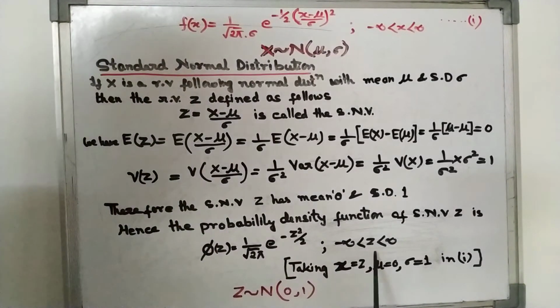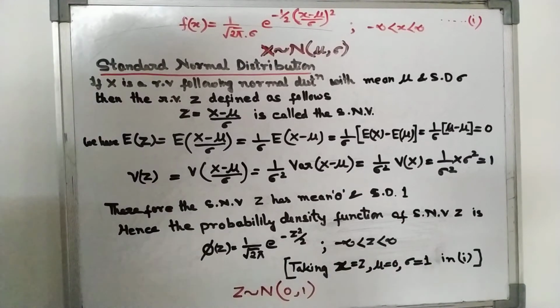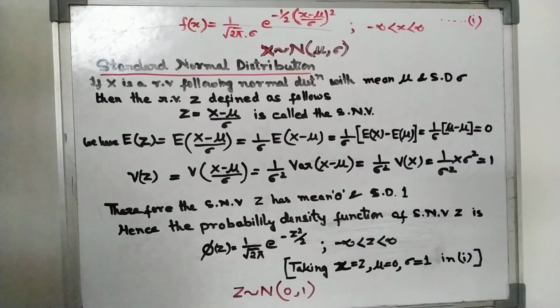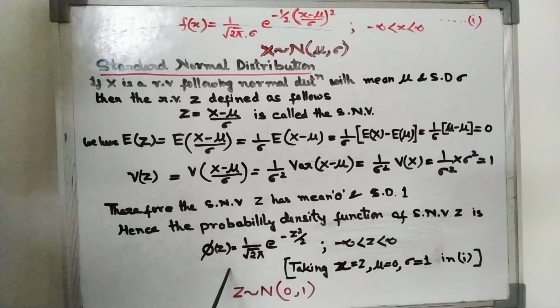Here z lies between minus infinity and infinity. So taking z in place of x, mu equal to 0 and sigma equal to 1, we get this form, which is the standard normal distribution. This is just a normal distribution, and this form is the standard normal distribution.